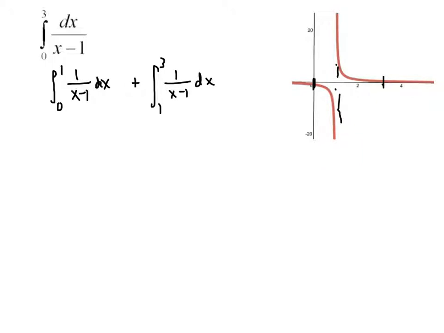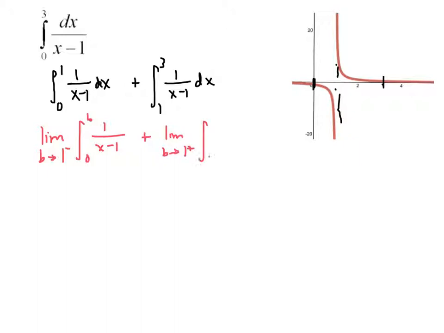Now, we should rewrite this. Of course, 1 is the problem. And really, you could even make the case that from 0 to 1, we'd be approaching 1 from the negative side. This one would be the positive side.